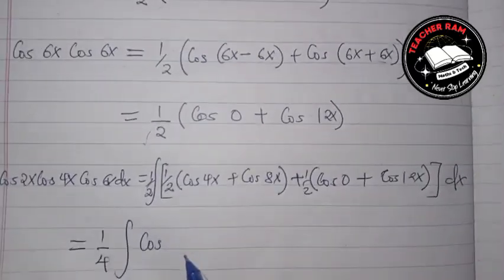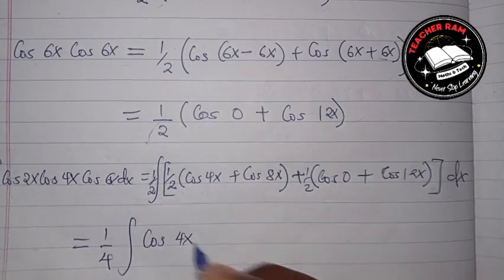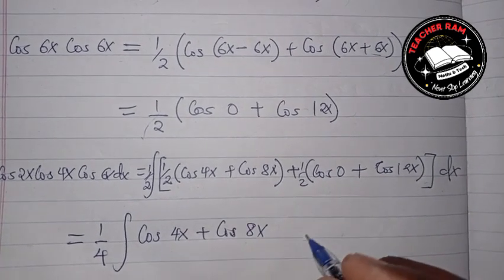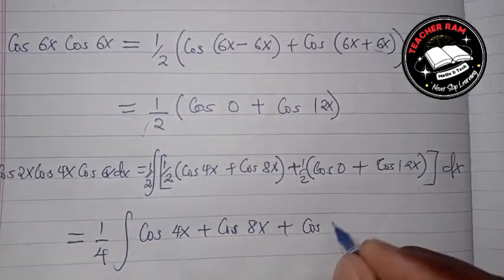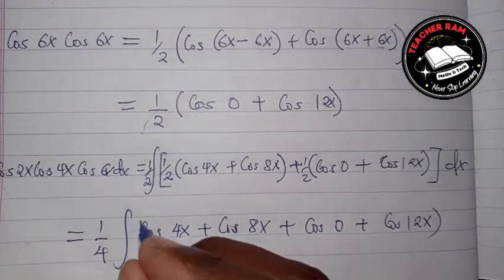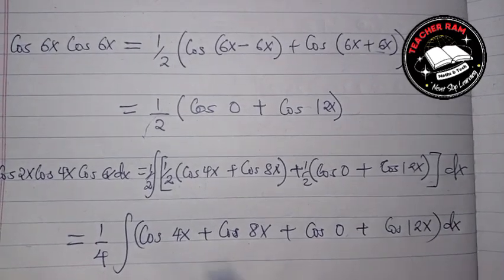1 over 4 integral of cosine of 4x, then plus cosine of 8x, then plus cosine of 0, then plus cosine of 12x, all of this integrating with respect to x.